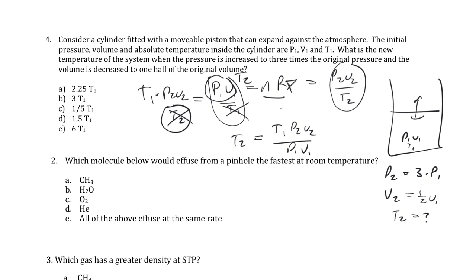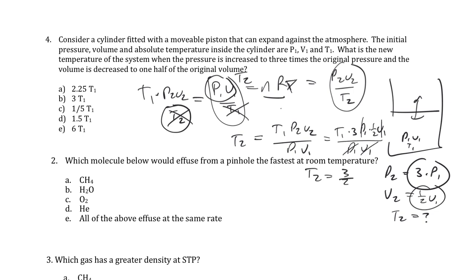Then I can plug in 3 times P1 for P2. So T1, 3 times P1, a half times V1, and then divide by P1 V1 still. So I cancel out the symbols for P1 and V1. Then I have 3 times a half times T1 is equal to T2. So T2 is equal to 3 halves times T1.